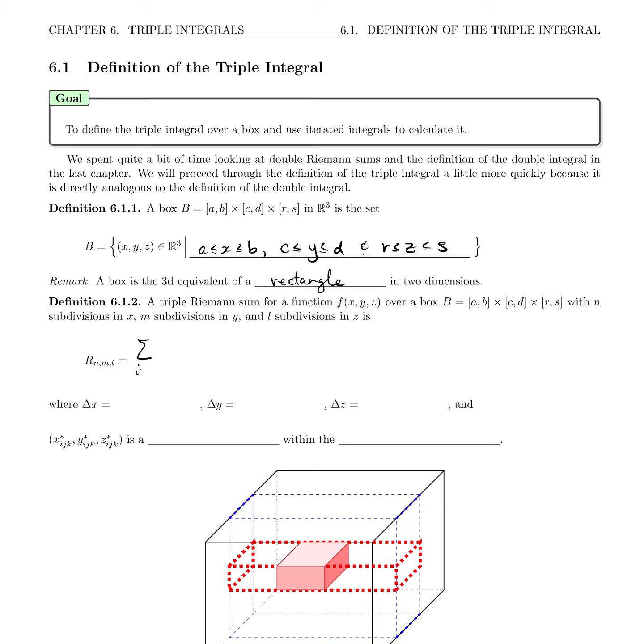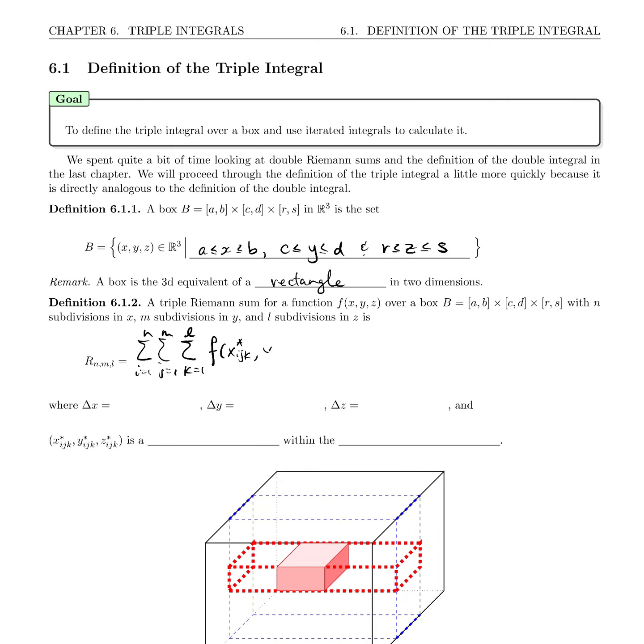So it's a sum from i equals 1 to n of a sum from j equals 1 to m of a sum from k equals 1 to l of f(x_ijk*, y_ijk*, z_ijk*) delta x delta y delta z.